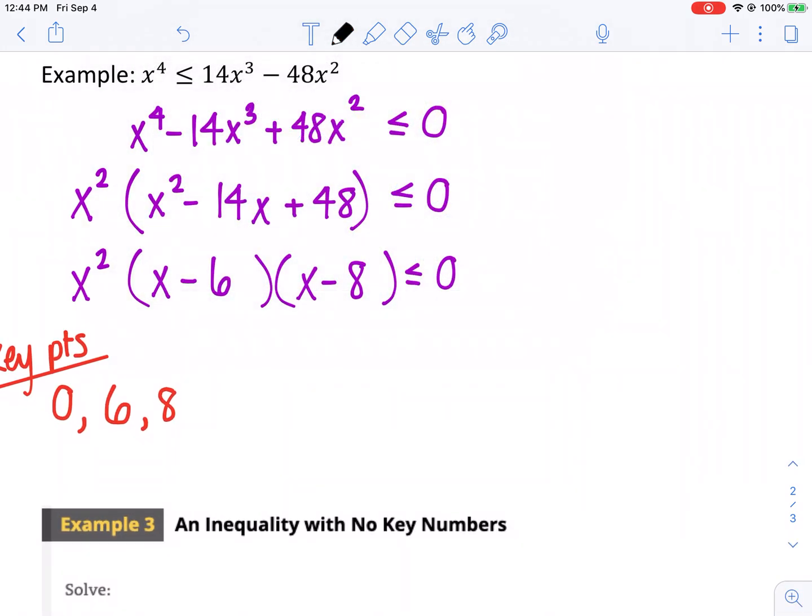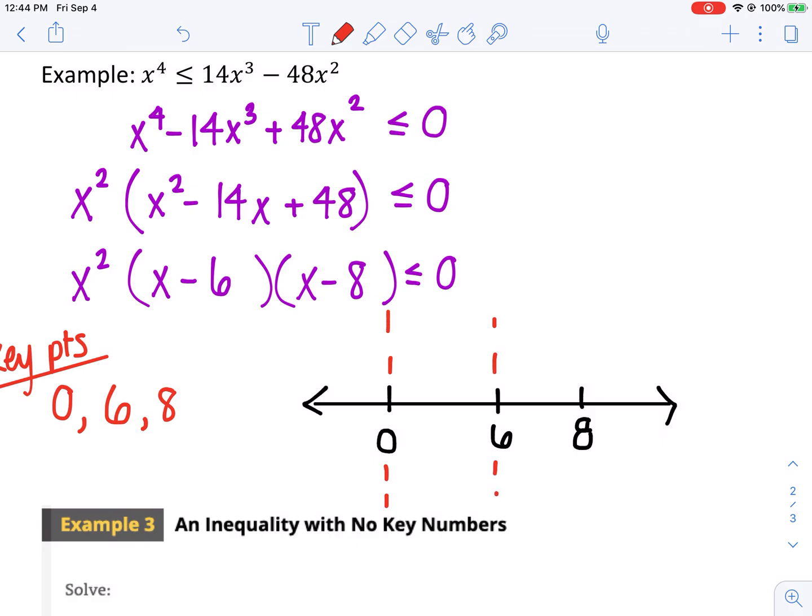From there, I'm going to draw my number line. I'm going to put in those key values. These are not my solutions. In other words, they are the boundaries. And now I need to take some test points.